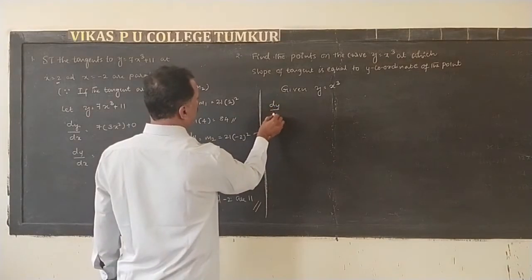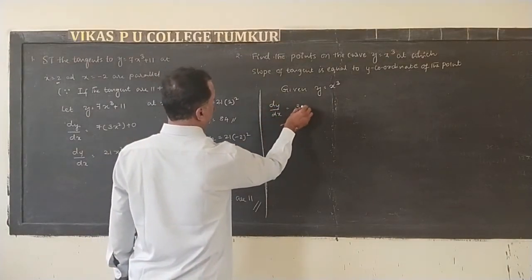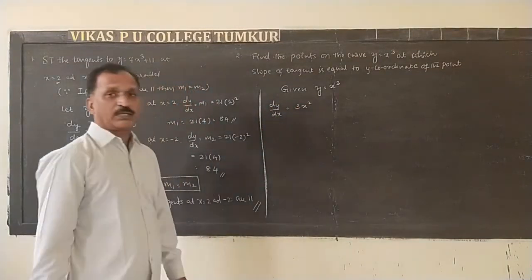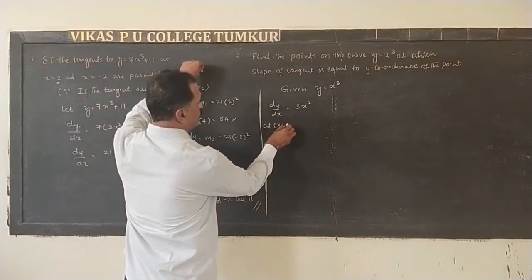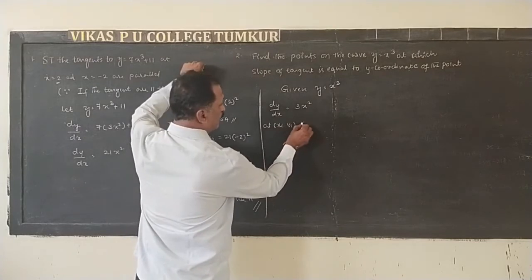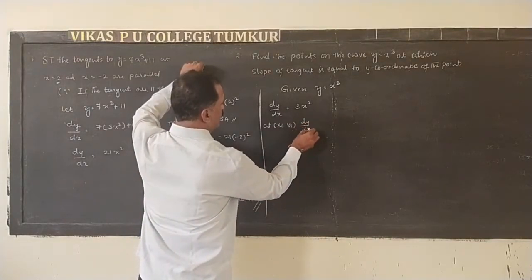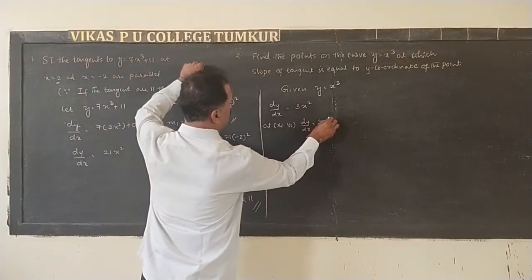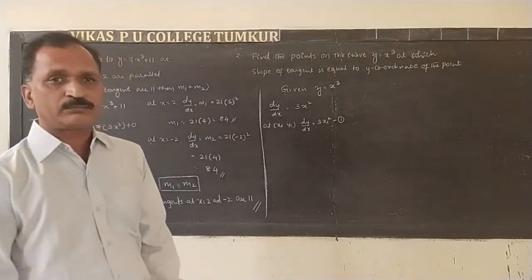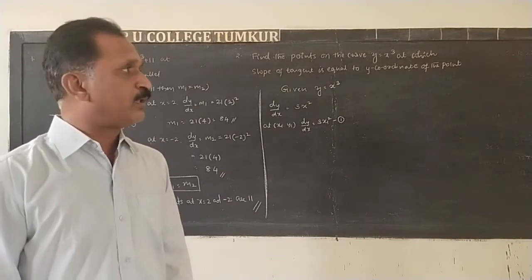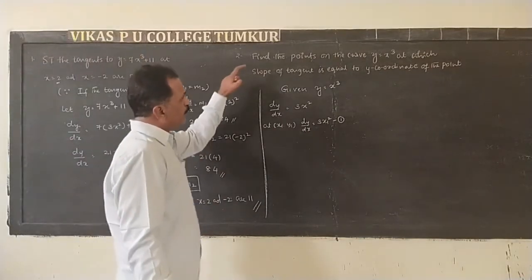So dy by dx is equal to 3x square. Right enough? At the point x1 comma y1, your dy by dx should be equal to 3x1 square, equation 1. Okay, now, what is the given thing?